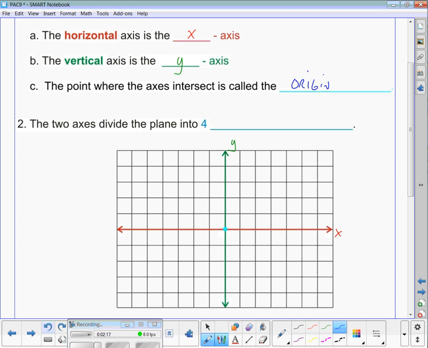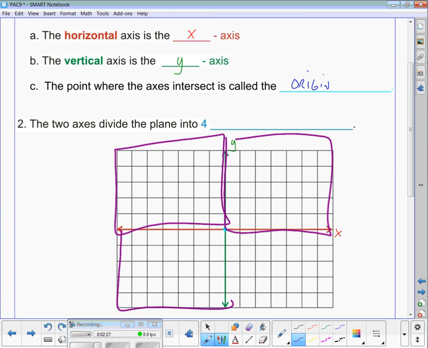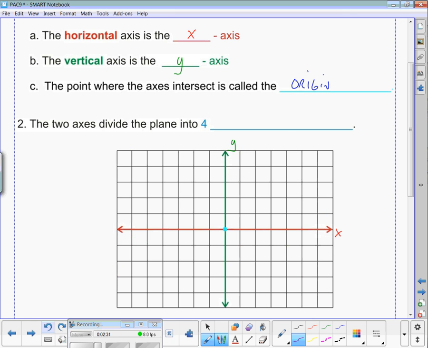Notice that these two axes divide the plane into four areas. You don't need to put this in your notes. I'm just showing you an area there, here, and here. What's a prefix for four? What's a four-sided polygon?